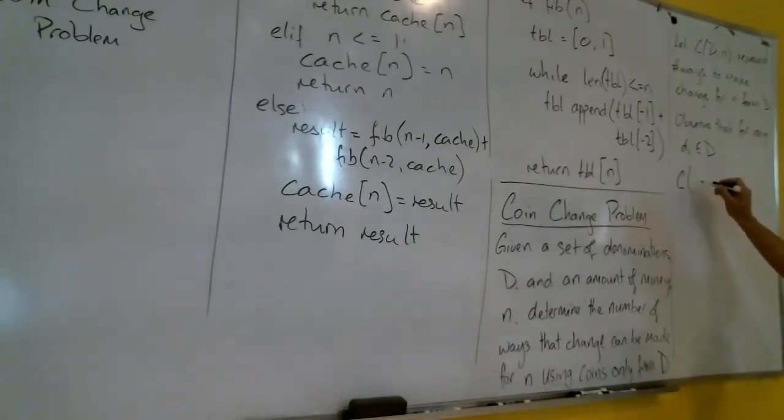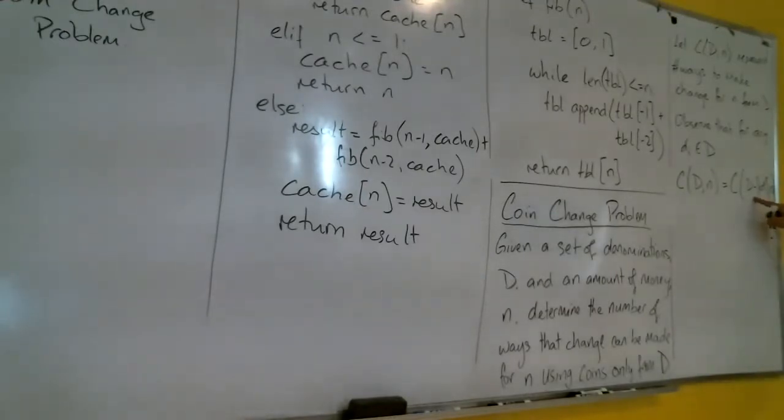The number of ways to make change from the set D for N dollars is going to be the sum of, so now I'm saying either I choose not to use that denomination, and I need to make the same amount of money using the other coins, or I am using it, but then I count the number of ways using the same set for N minus D_i.